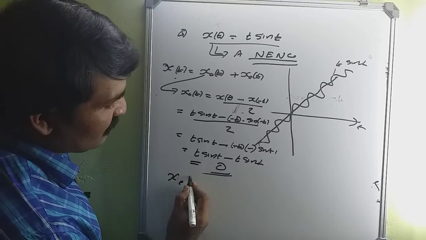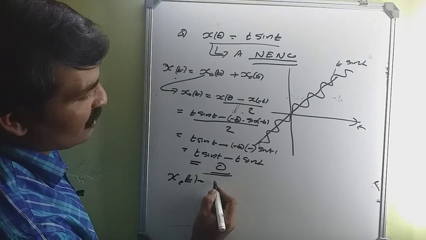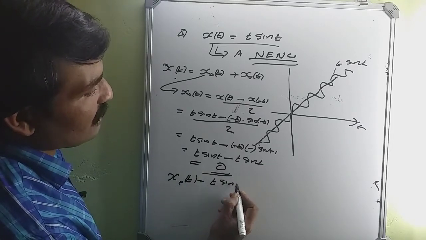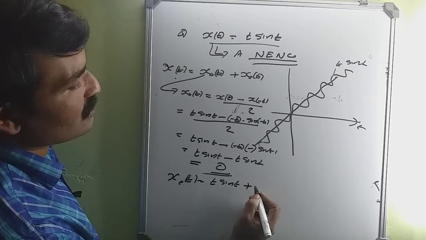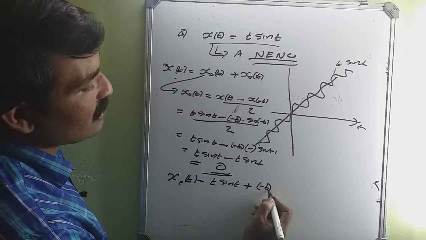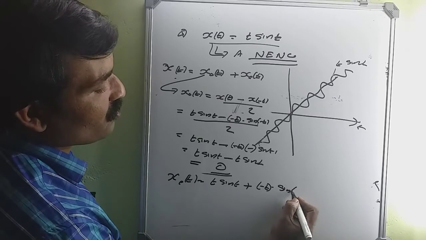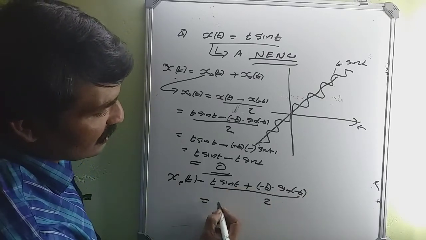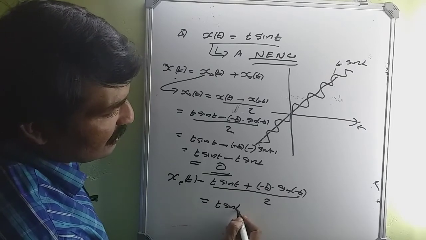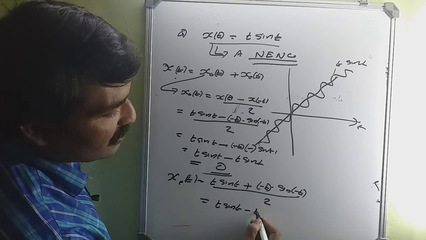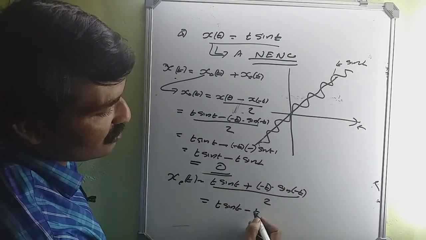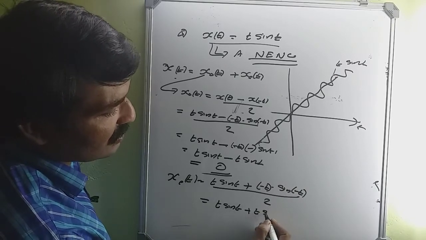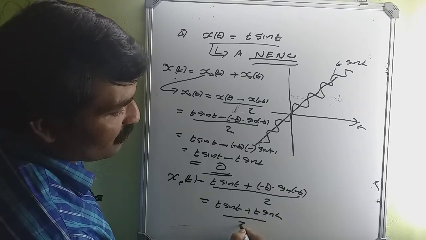The even portion of the signal is equal to t sin t plus minus t into sin of minus t, divided by 2. That is t sin t, minus t, this minus is taken outside, so that becomes plus t sin t, by 2.